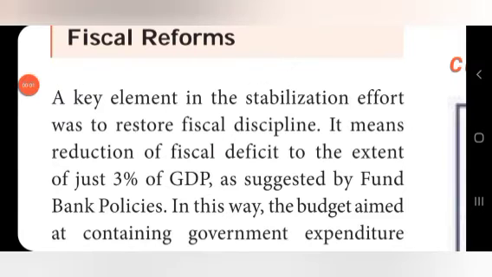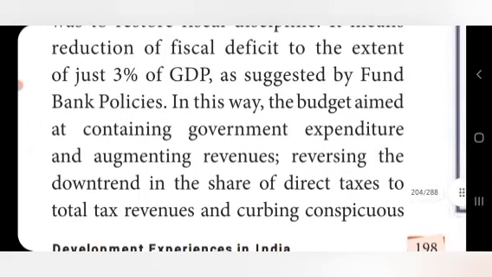The next concept is fiscal reforms. A key element in the stabilization effort was to restore fiscal discipline. It means reduction of fiscal deficit to the extent of just 3% of GDP, as suggested by fund bank policies.